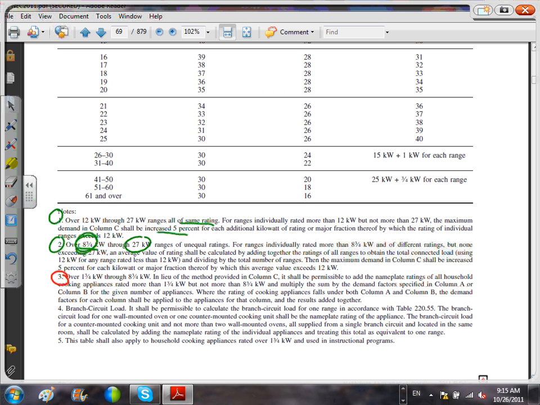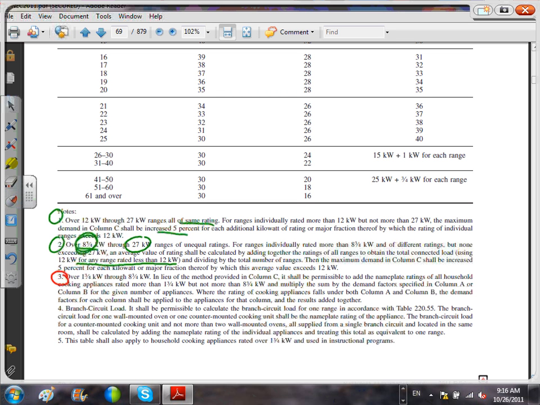The average is more than 12. You've got to read this one, guys. This will tell you, especially where it says maximum demand, and here for any range less than. This is very important, right here. Anything less than 12 and over 3.5, you're going to make it 12 when you apply rule number 2. Okay, and then add them up and increase the demand by 5%.